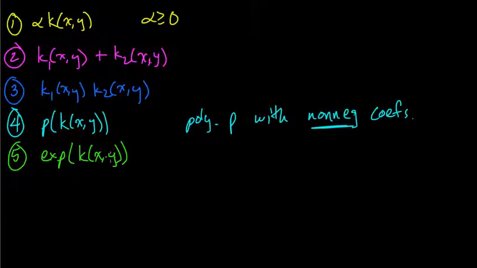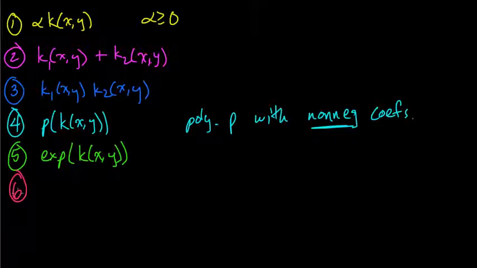And then for 5, you would prove that by using 4. e to the x has an infinite series representation, and you could write that as the limit of a sequence of polynomials, and each of those polynomials would have non-negative coefficients. So you could take 4 and then take the limit of a bunch of non-negative numbers, and then you would show that 5 is also non-negative, or it gives you a non-negative thing.